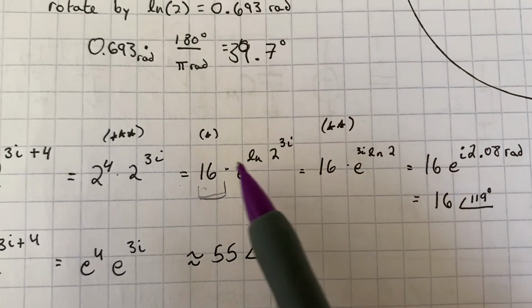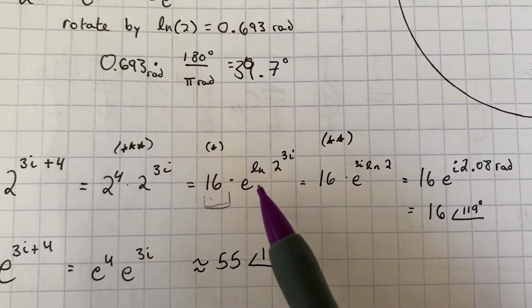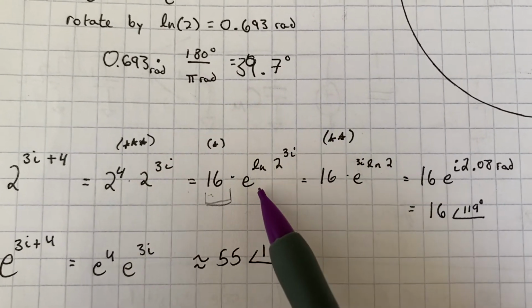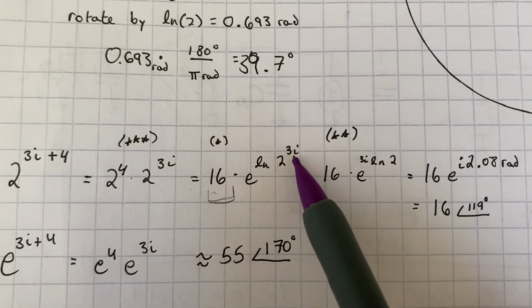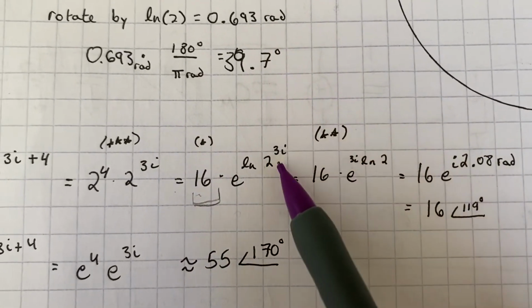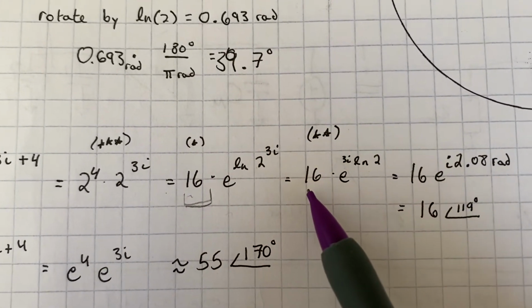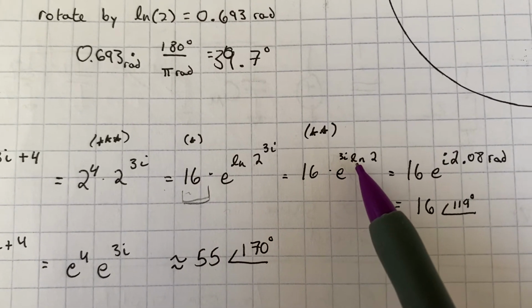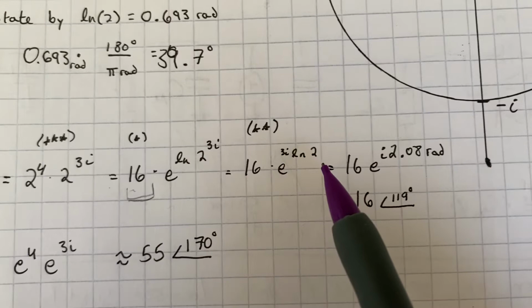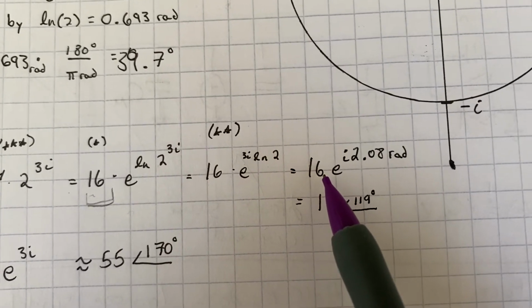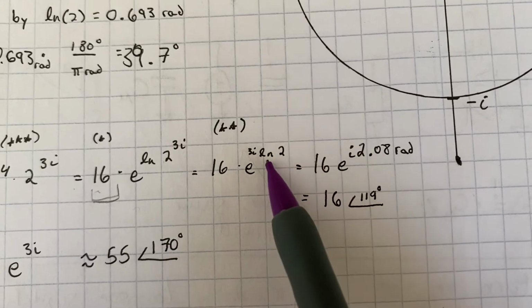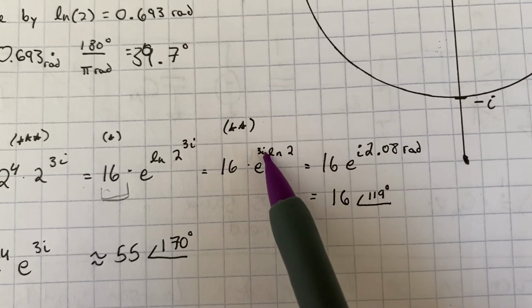And because of the first log rule that we used previously, we can take this other term, 2 to the 3i, and expand it as e to the ln of 2 to the 3i. Now we can take this exponent out front, 16 times e to the 3i times natural log of 2. And if we simplify, we just multiply the natural log of 2 by 3, because natural log of 2 is just a number, it's not a fancy function.